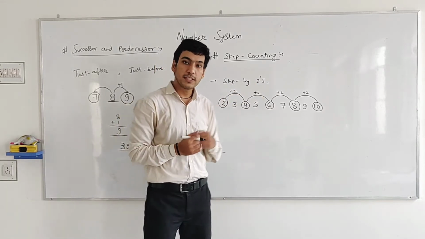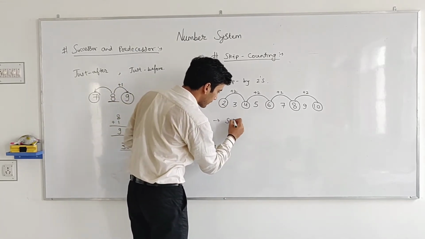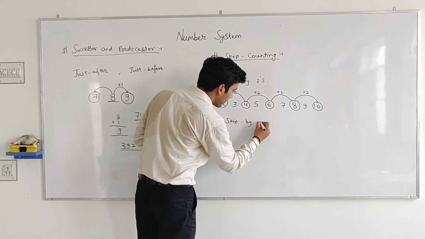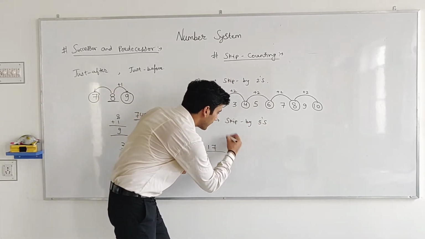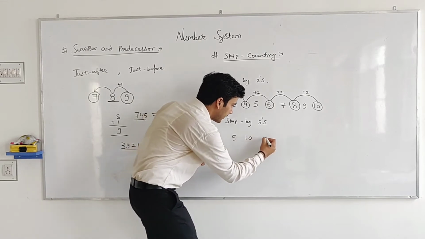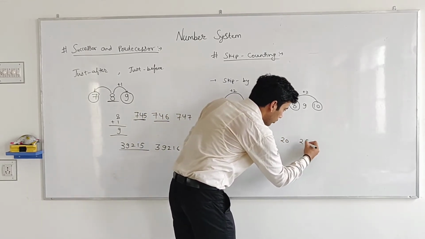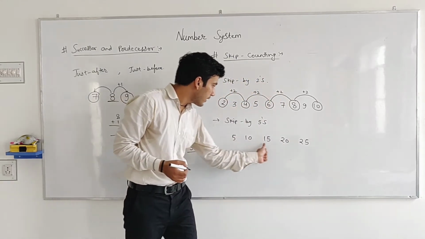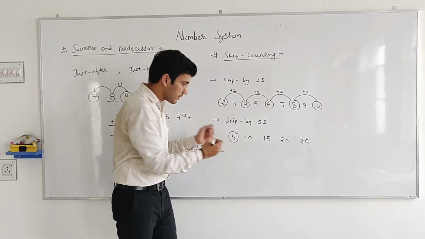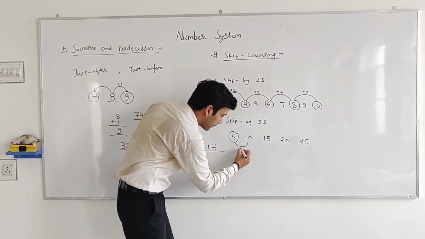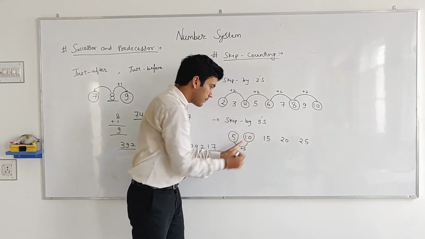Next, skip counting by 5. Let this be my sequence: 5, 10, 15, 20 and 25. You can see that the first term of your sequence is 5, and if you add 5 to this number, you will get the next number, 10.